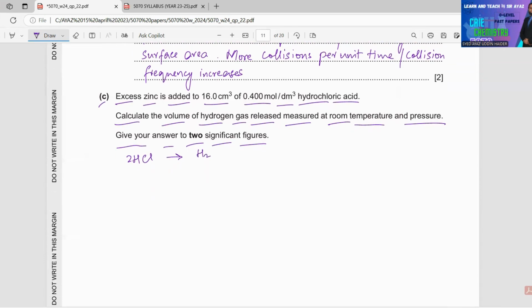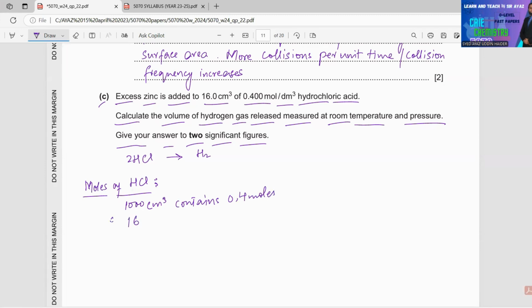Now, first of all, I am going to calculate the moles of hydrochloric acid. Moles of HCl. So, 0.4 mole per dm cube means there will be 0.4 moles in 1000 centimeter cube. 1000 centimeter cube contains 0.4 moles.